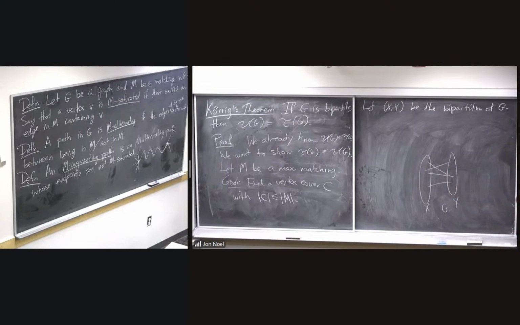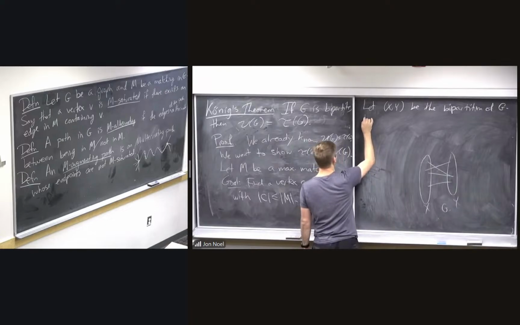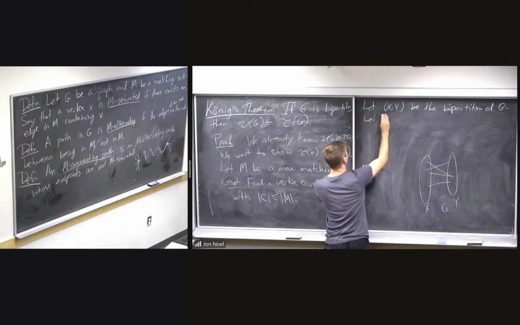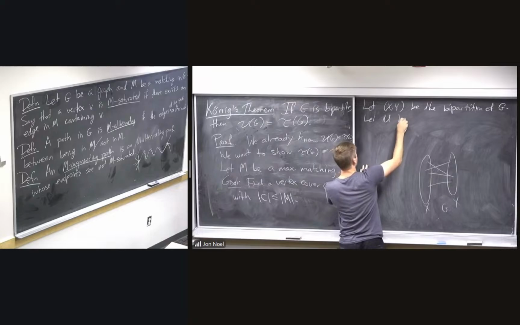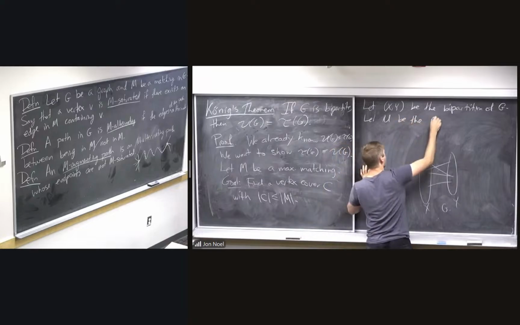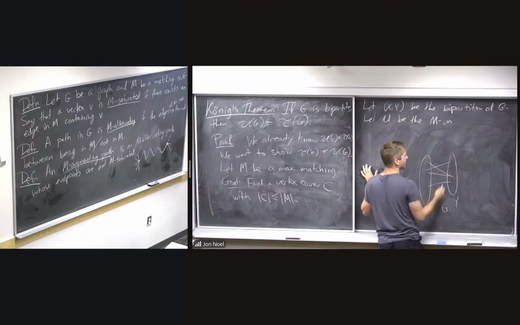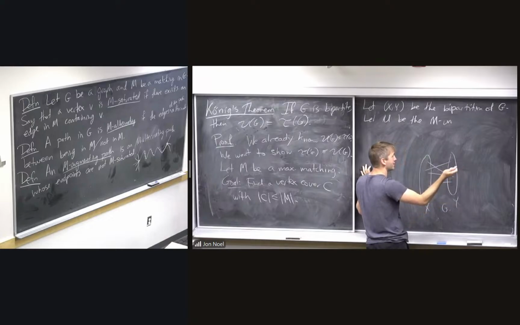Well, okay, the way I'm going to present it is a bit different. I'm going to define the C, and then we're going to show that because there are no augmenting paths, this is actually a vertex cover. So here's how it's defined. Let U be the M-unsaturated vertices of X. So unsaturated just means not saturated.